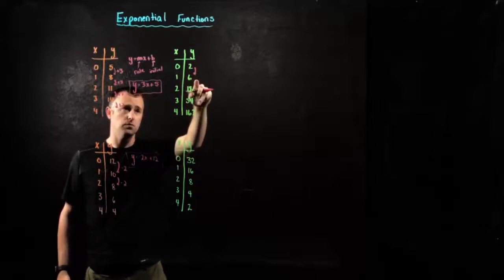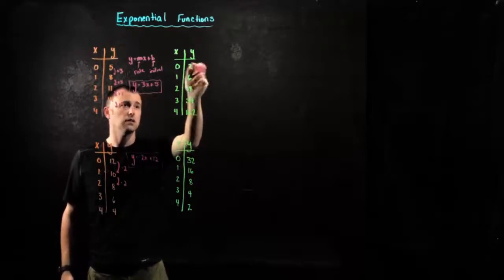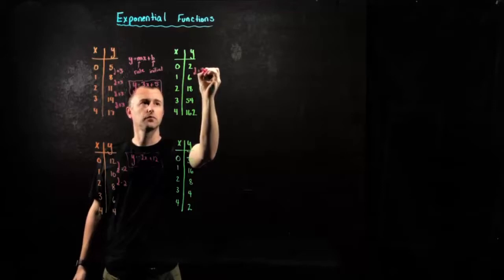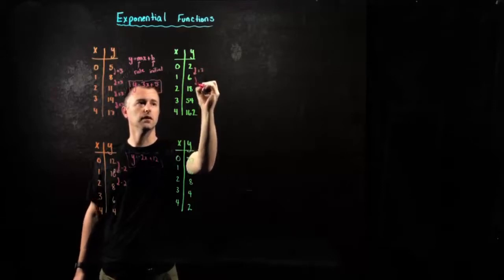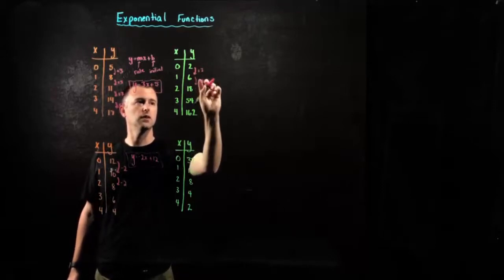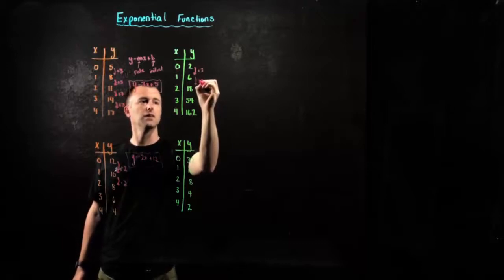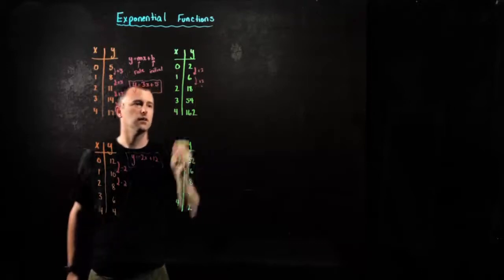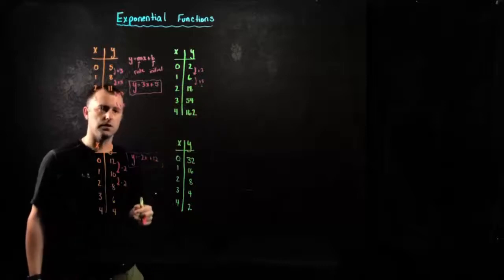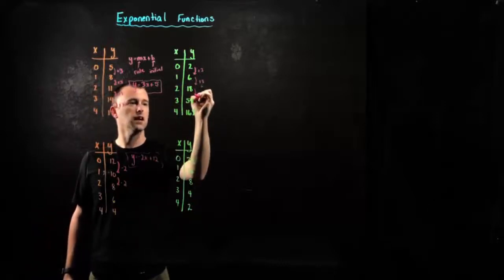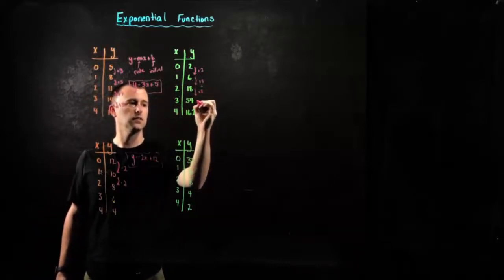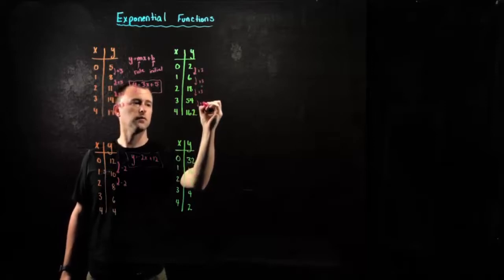So another thing that could be happening, which is what's happening here, is I'm going times 3. So we are multiplying, and if I keep doing that, you're going to see that 6 times 3 is 18, 18 times 3 is 54, and so on.